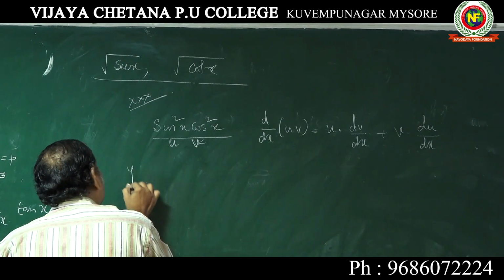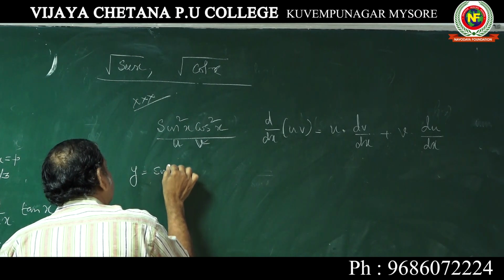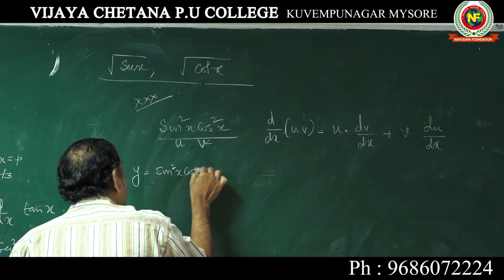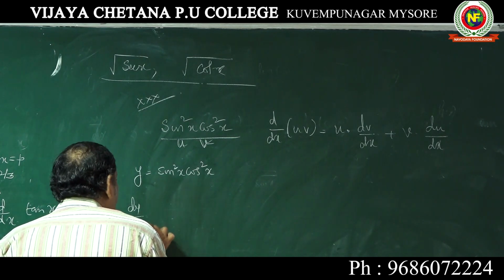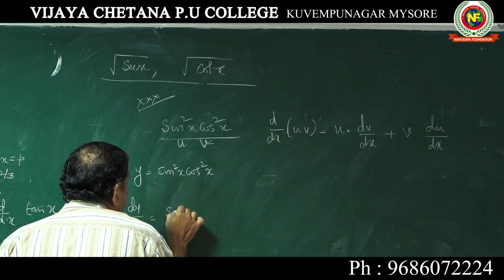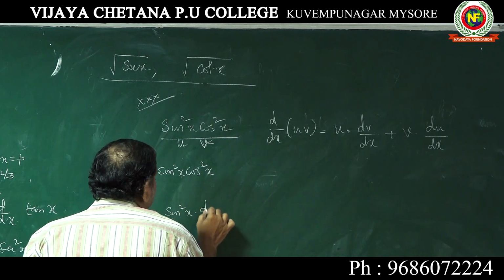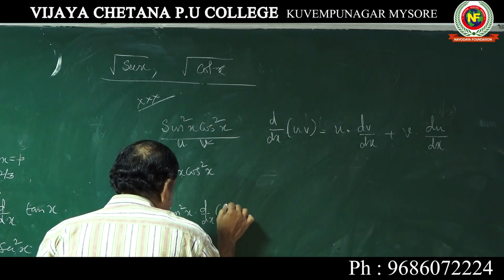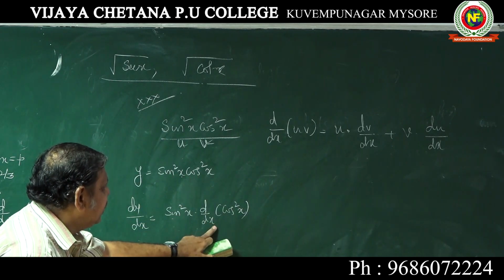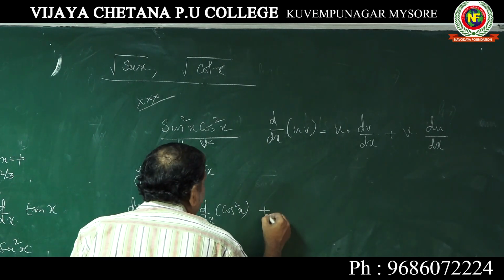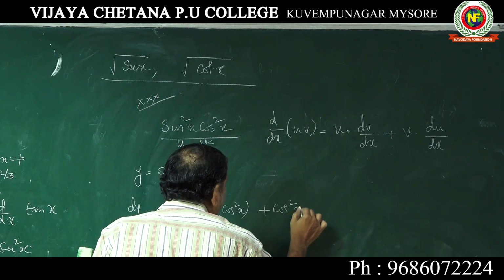So take y is equal to sin square x cos square x, and dy by dx is equal to first function sin square x into d by dx of cos square x, the differential coefficient of the second function, plus cos square x. Important problem for examination.